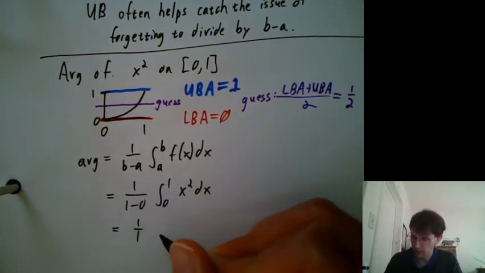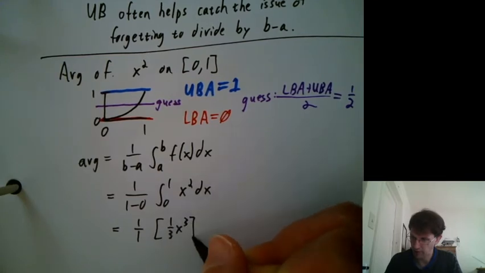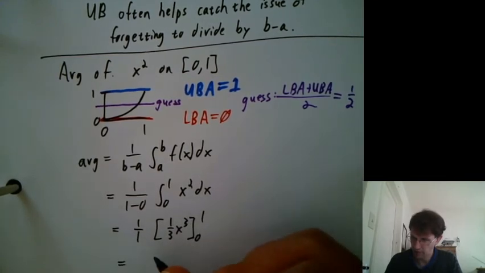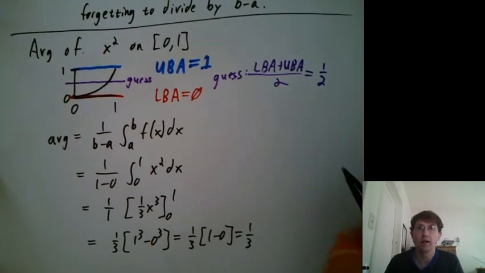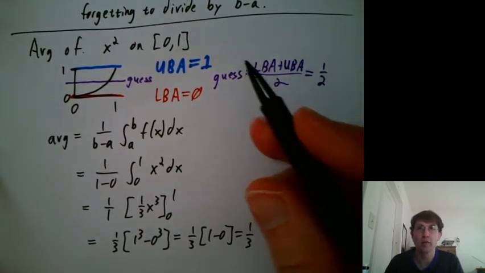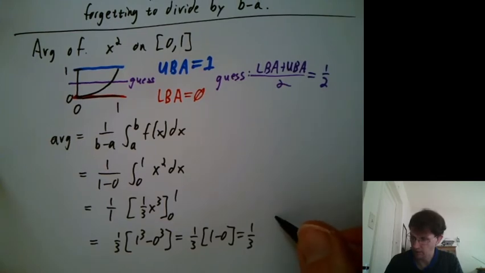So we'd get 1 over 1, integral of x squared is 1/3 x cubed, 0 to 1. I'll just drop that at this point and I'll move the 1/3 out front and get 1 cubed minus 0 cubed, which altogether is 1/3 times 1 minus 0, or 1/3. And how does that compare to my upper bound on the average and my lower bound?